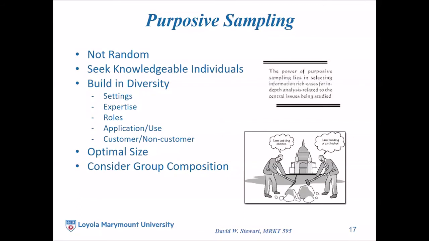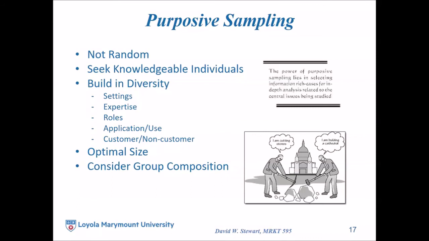When a kid says, "Ooh, I want to go there," you typically don't go there. In fact, kids have a lot of influence on lots of things. Automobiles. Applications are used. Are people using the product in the same way? Or are there differences? Well, if there are differences in the way people use it, you need to represent that. And then what we talked about, are they a current customer or are they not?